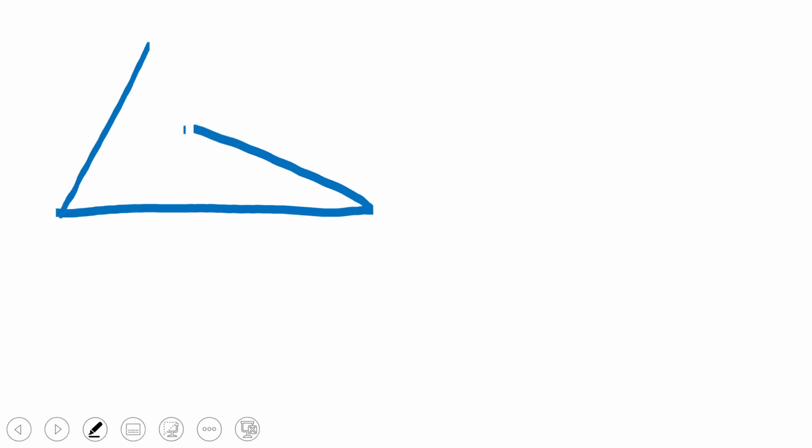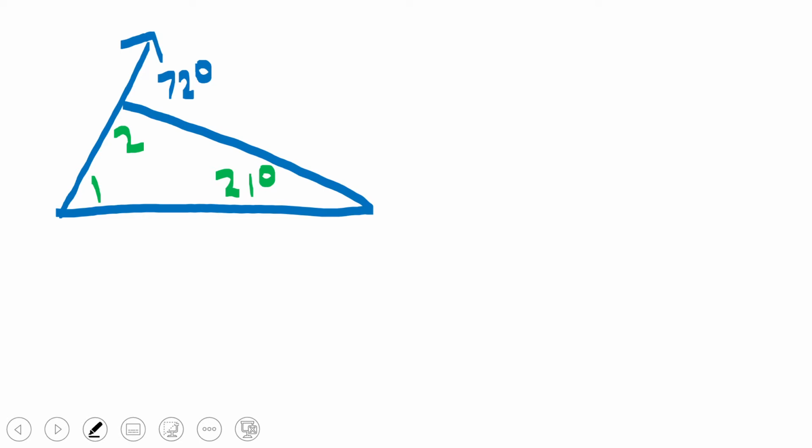In another example, if you are given a triangle that looks like this, you have an external angle of 72 degrees, but inside you're given angles 1, 2, and 21 degrees.